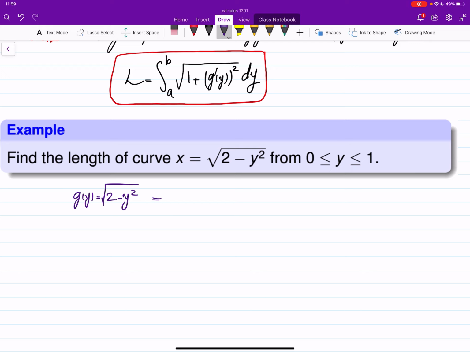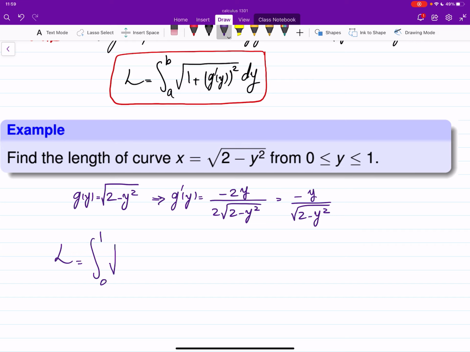Here then we can find g prime of y. G prime here means that you differentiate with respect to y, and that will be negative 2y over 2 root 2 minus y squared, which will give us minus y over root 2 minus y squared. And then that will tell us that L is the integral from 0 to 1 of root 1 plus negative y over root 2 minus y squared, squared, dy.